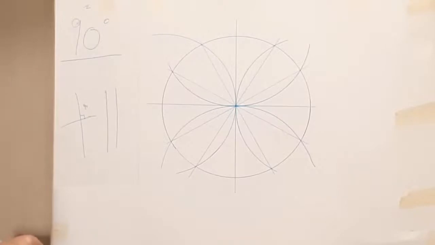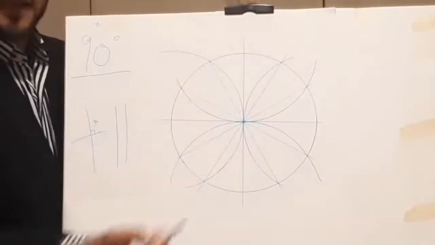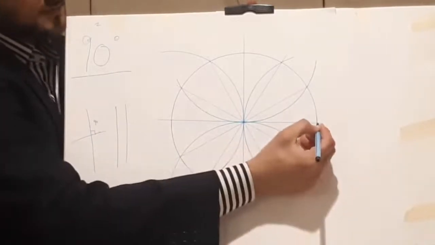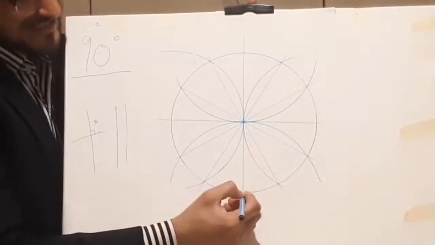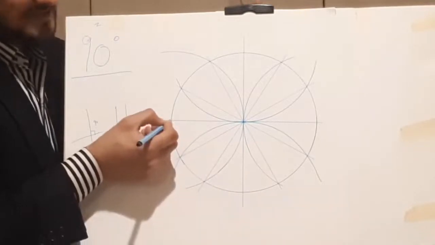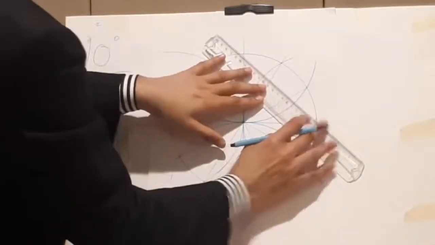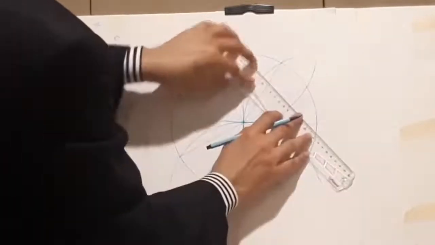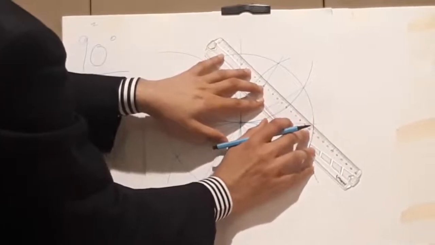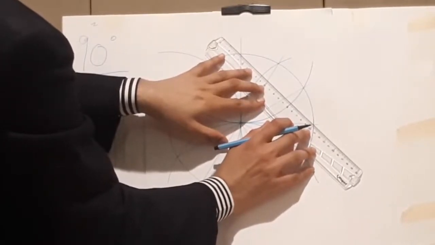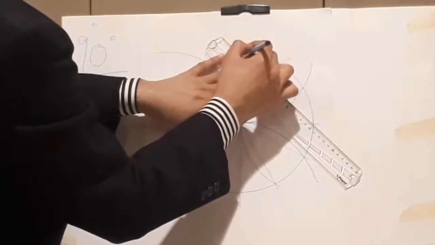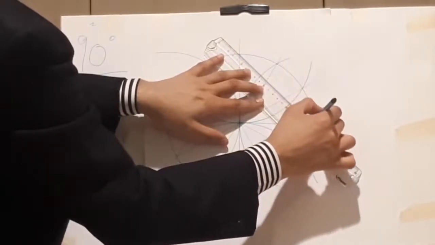Moving on, now we will draw squares. This is your starting point, point B, point C, and point D. So you keep your ruler at this particular point, point A and point B, and you draw a line.